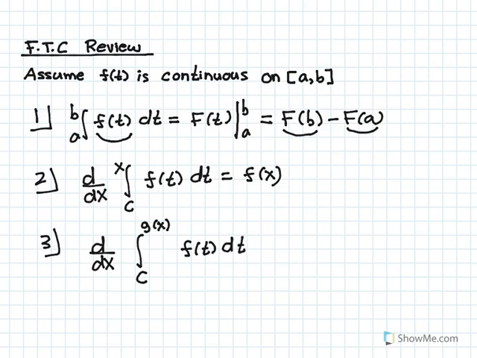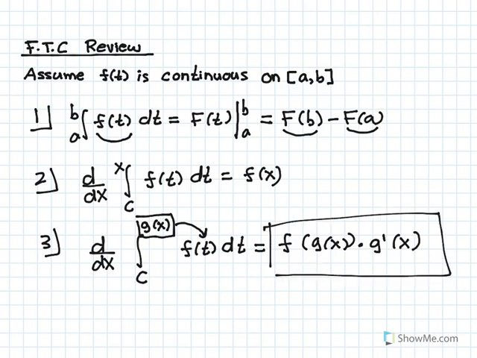Here we have to apply the fundamental theorem of calculus as well as the chain rule because the upper limit g of x is a function of x. So we get f of g of x, substituting g of x into t, and don't forget to multiply by the derivative of the upper limit, g prime of x. All right, thanks.